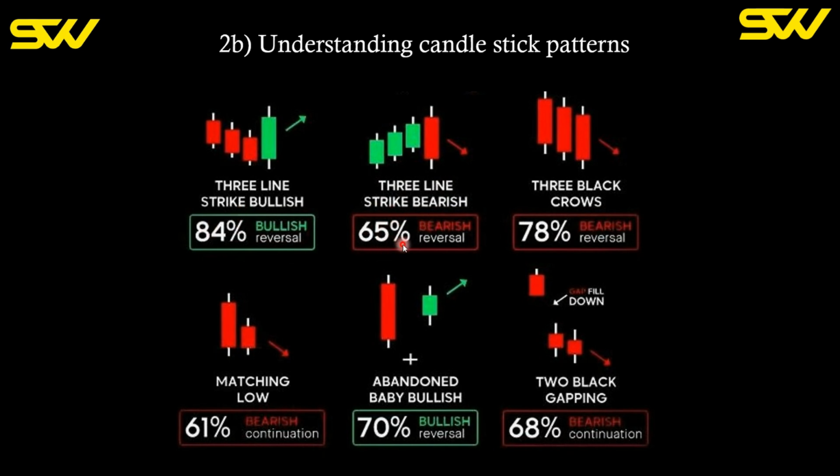But again, these are just for reference. So when you see three green candlesticks of almost the same size, and suddenly the fourth candle becomes an engulfing red candle, bigger than these three green candles combined, that is a three line strike bearish. So we anticipate that the next candle should be a red candle as well.